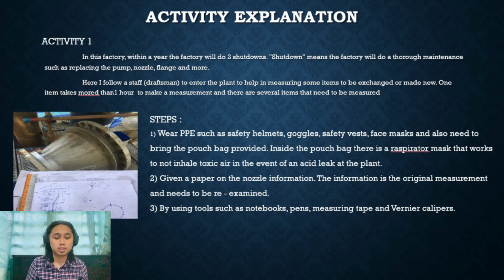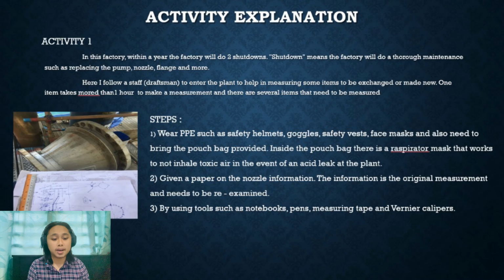Number 2 is give a paper of the nozzle information. The information is the original measurement and needs to be re-examined, so we need to measure the nozzle again.